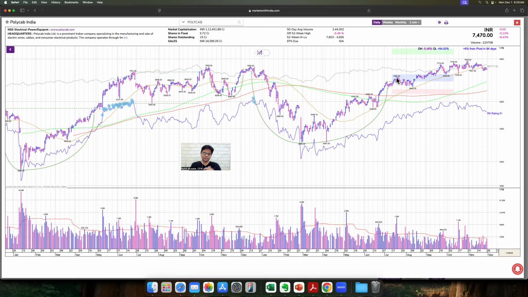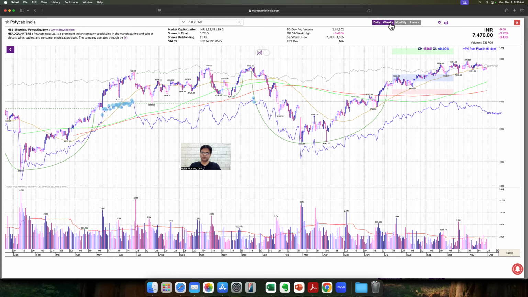And when he did his trade journaling, he realized that his results were not good because of getting into extended stocks. That's the lesson that he learned back in the late 80s or early 90s, if I have to mention that. But that's a lesson that we don't need to learn because MarketSmith has already given us the levels. As long as we stick to these levels, we should be doing fine.